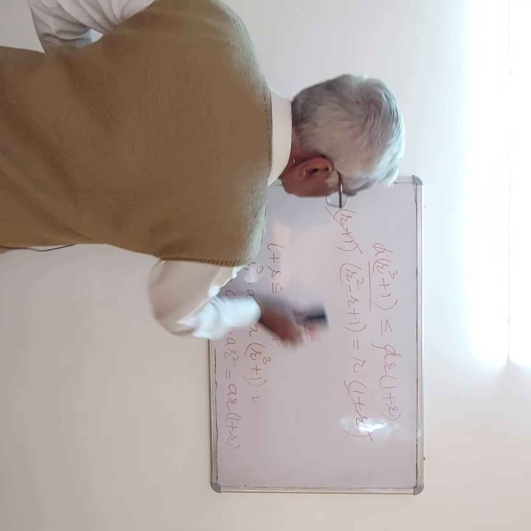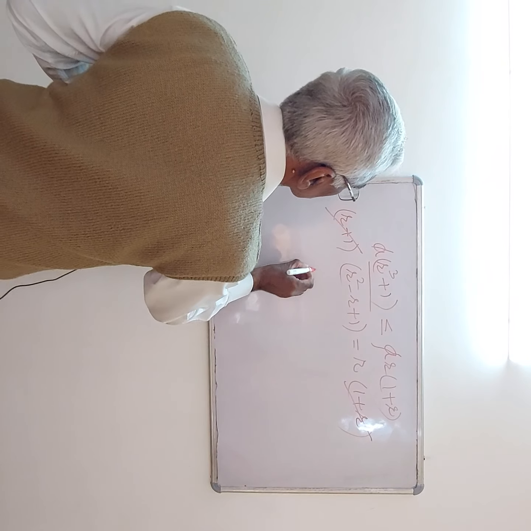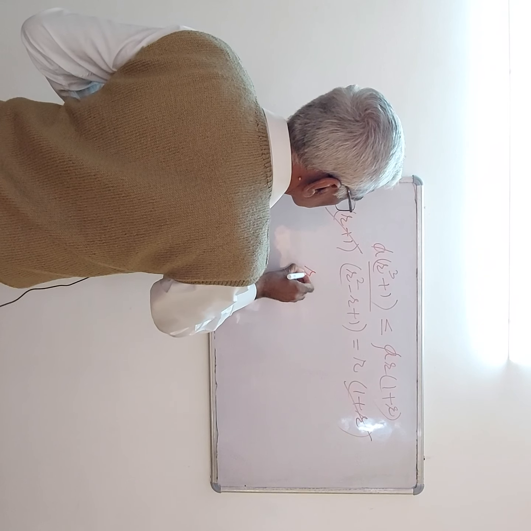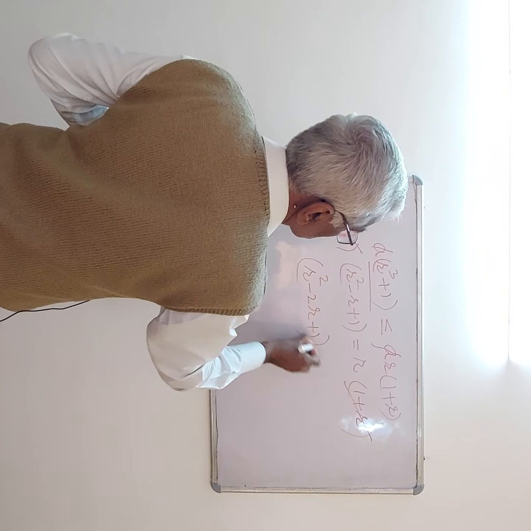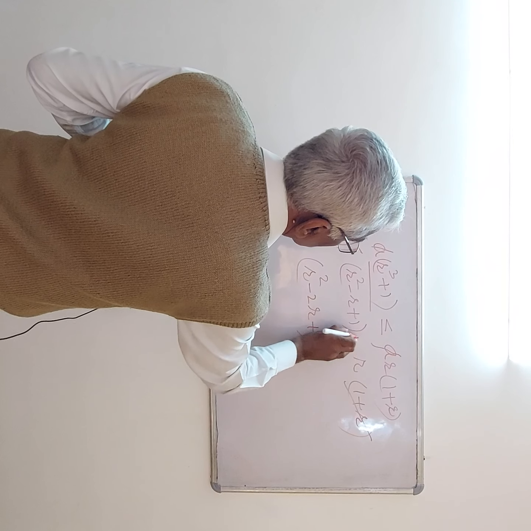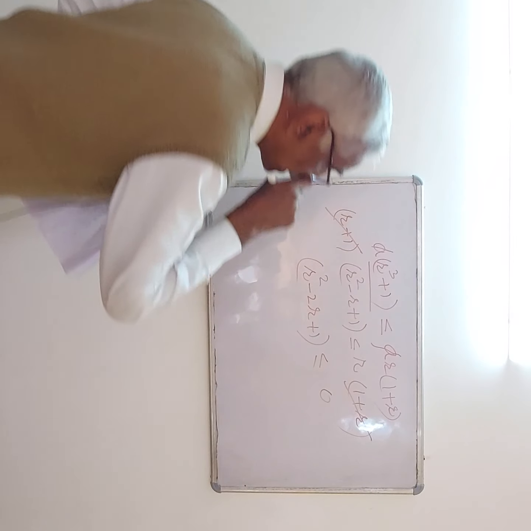Or it can be written as R square minus 2R plus 1 is less than or equal to 0.